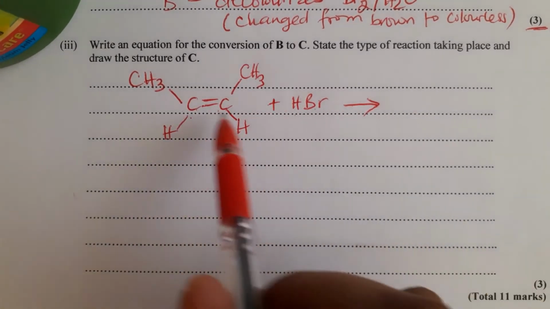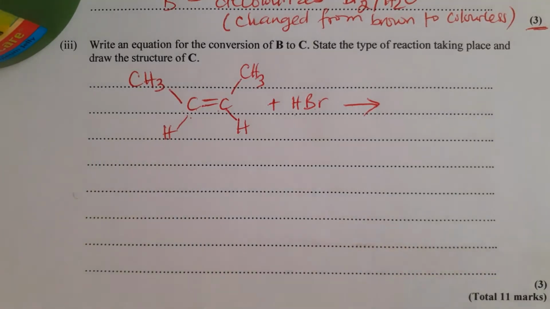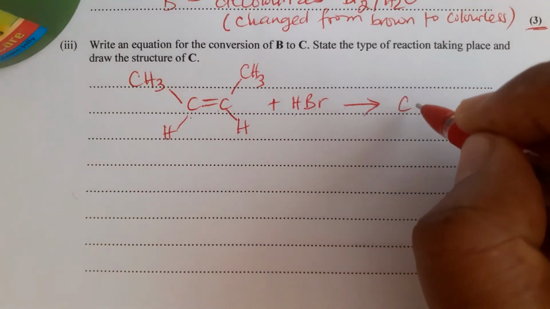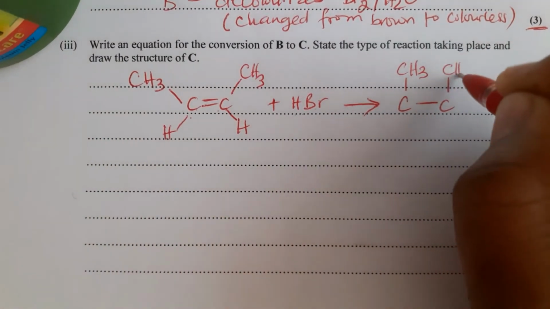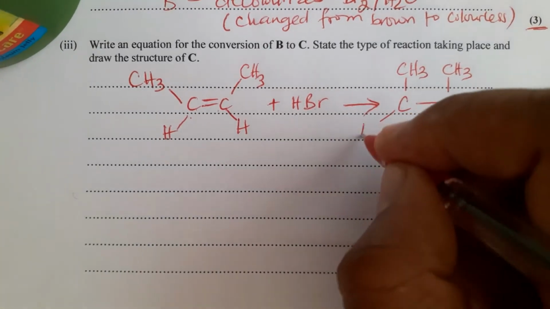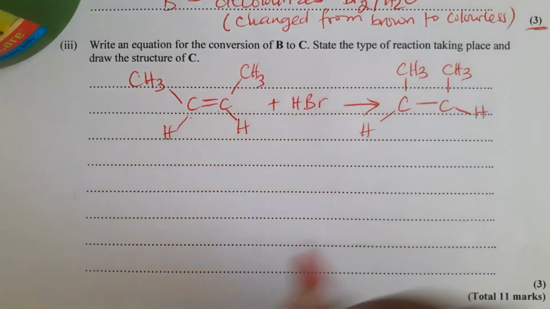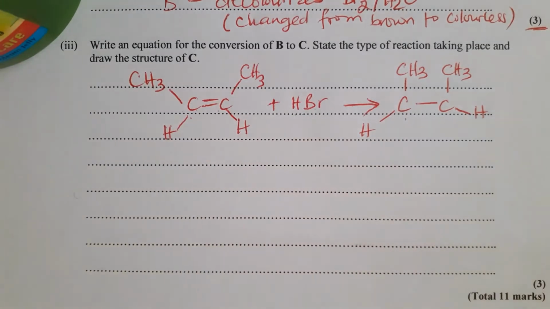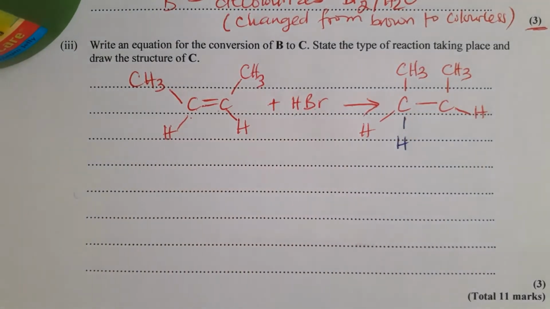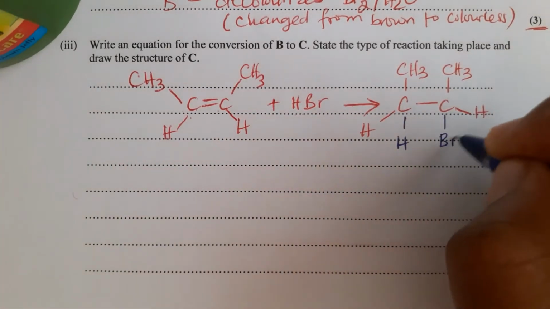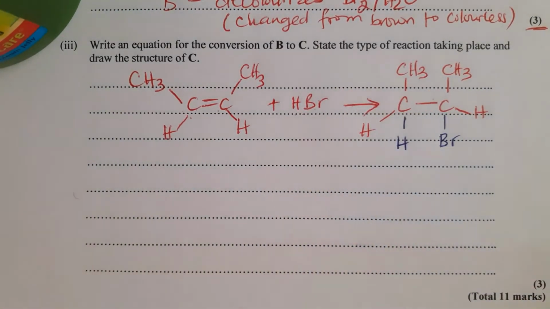It's a symmetrical molecule, so here it doesn't really matter which carbon the hydrogen is added to. So I'm going to just go ahead, write back all the things that didn't change. And then I'm going to add, I'll show it in a different color just to clarify. Hydrogen was added to 1, bromine was added, and you realize the double bond disappears.